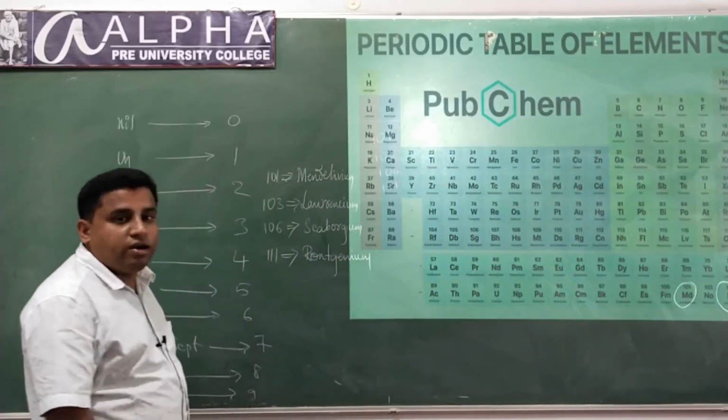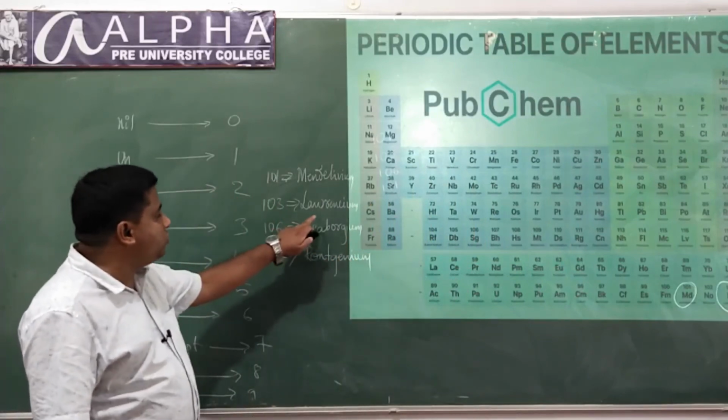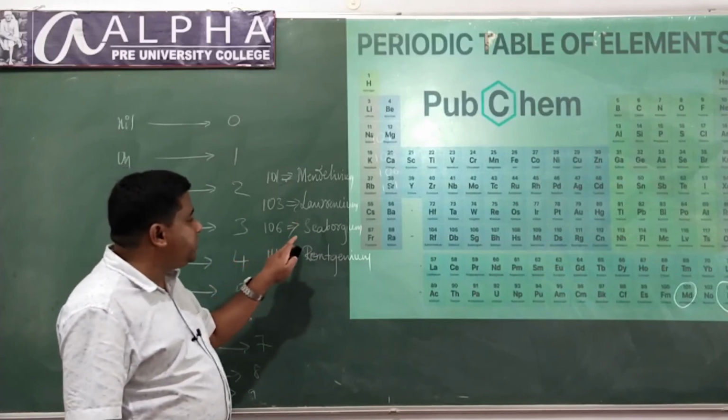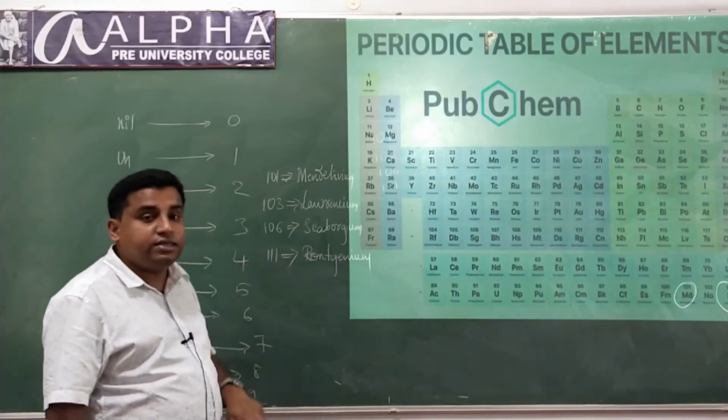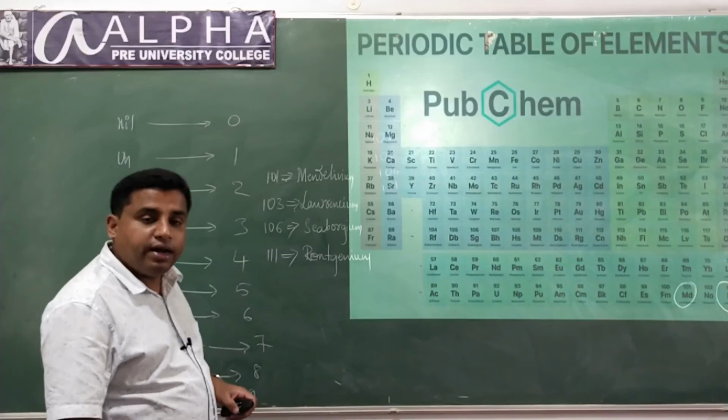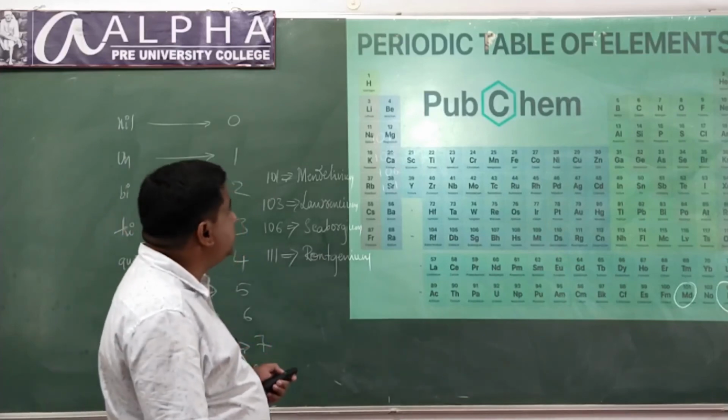So 101 means Mendelevium, 103 is Laurentium, 106 is Seaborgium, and 111 is Roentgenium. Correct? So let us match.